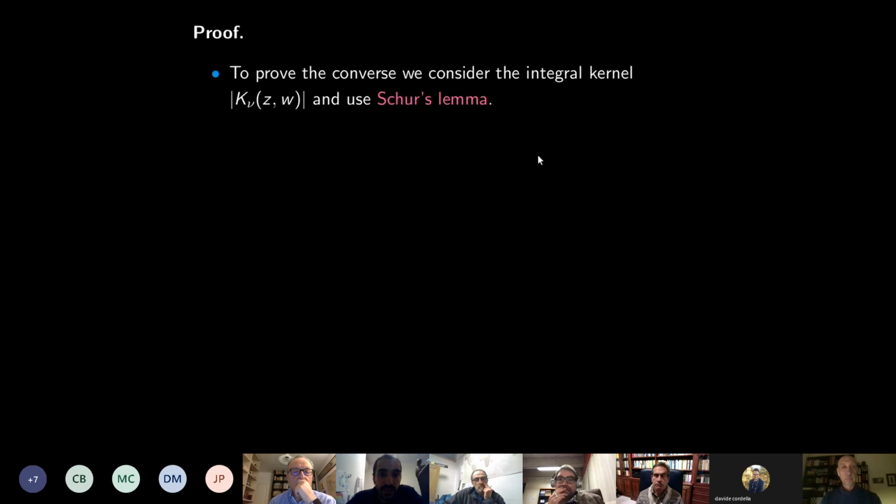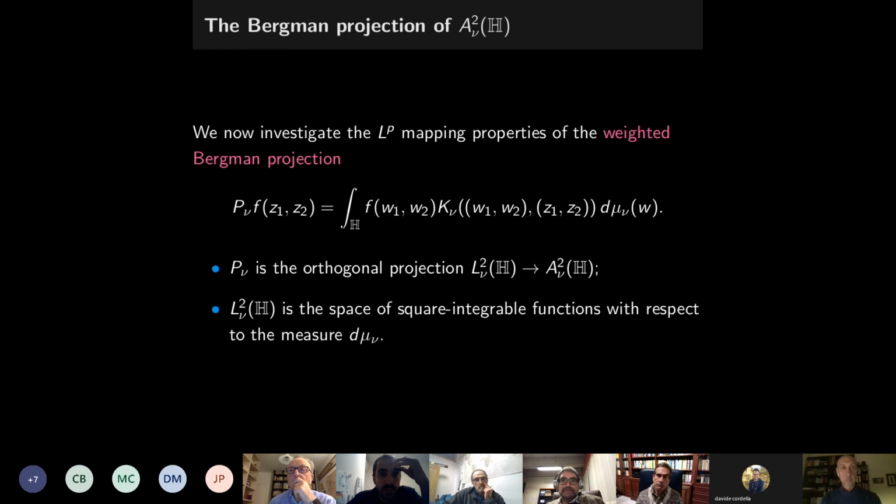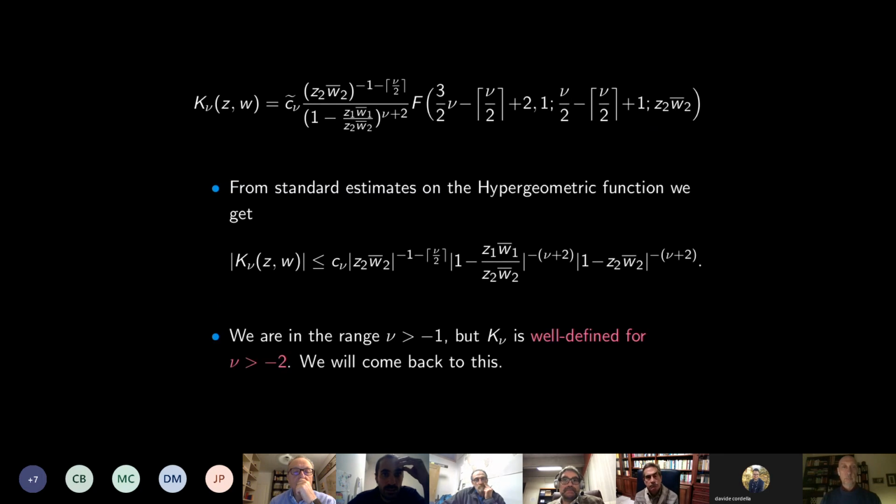And I think that this might be due to the fact that if you take the kernel, these are my kernels here, in the weighted Bergman case you always have an extra factor here somehow.